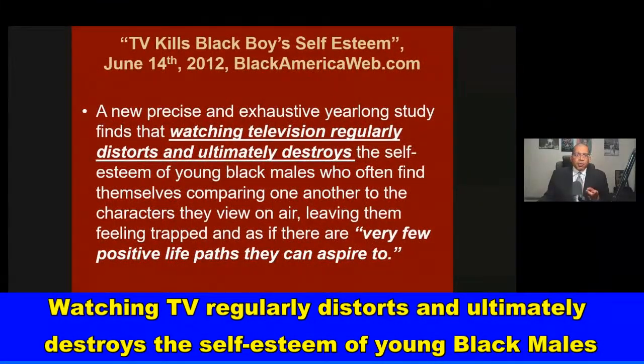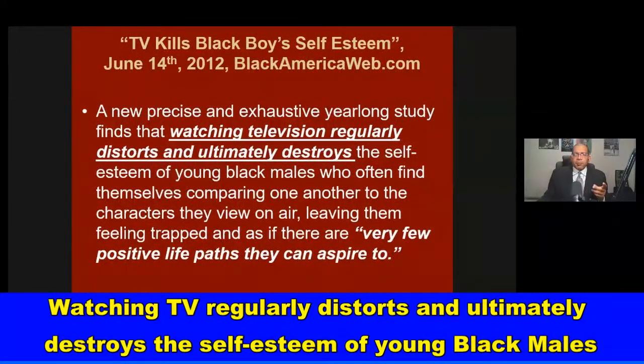Now, this article here from blackamericaweb.com from 2012, this dealt with a study that showed how TV watching kills Black boys' self-esteem. Excessive TV watching kills Black boys' self-esteem.